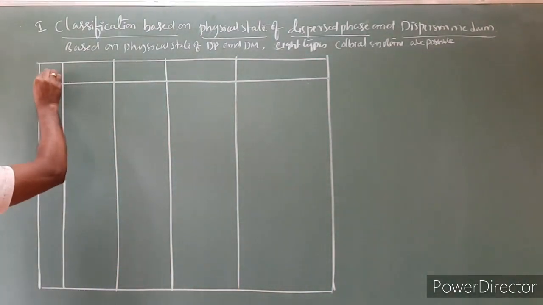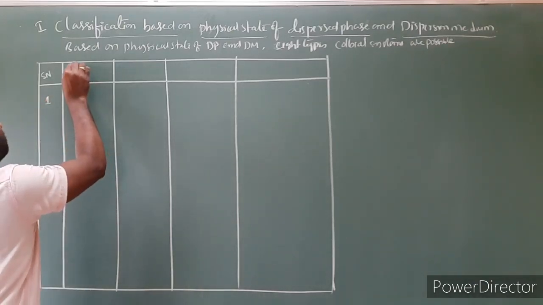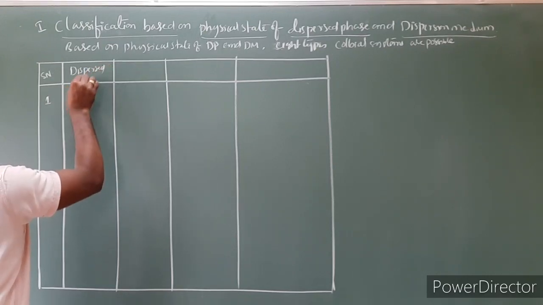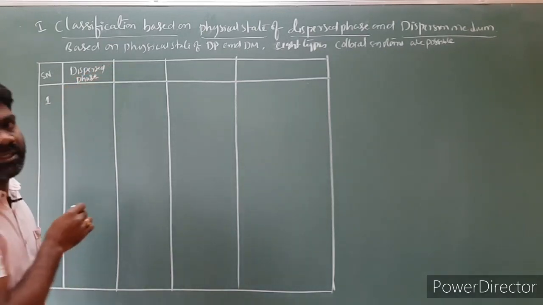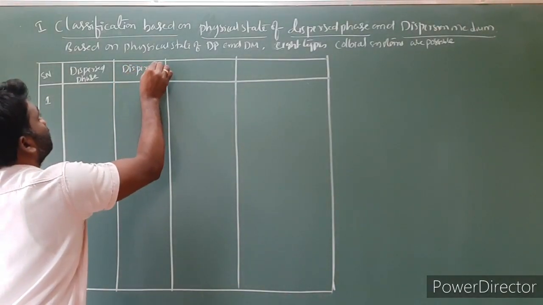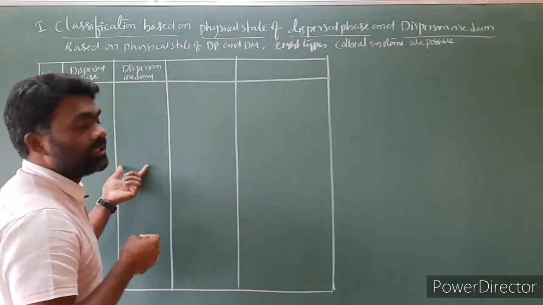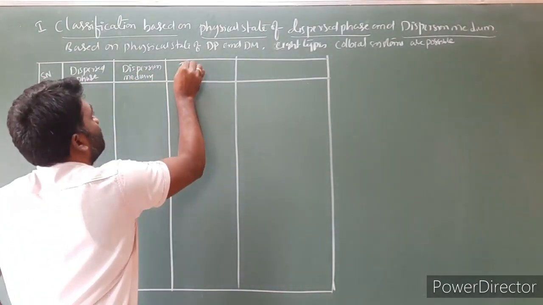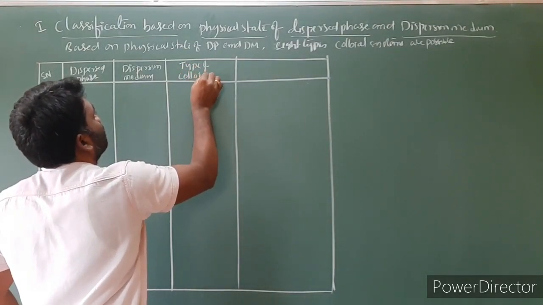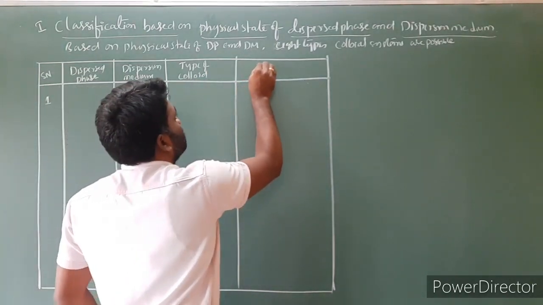First I am taking a serial number, number 1. Here I am taking a dispersed phase, here a dispersion medium, and the third one is the type of colloid or colloidal solution.